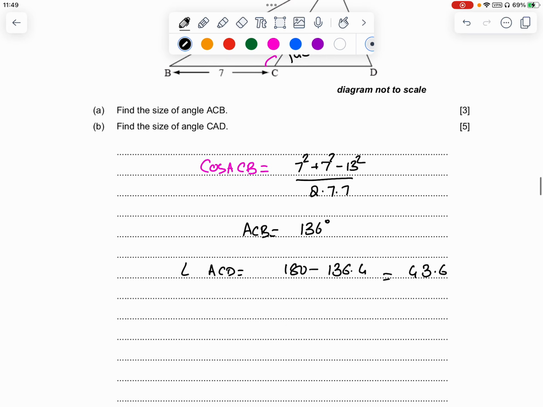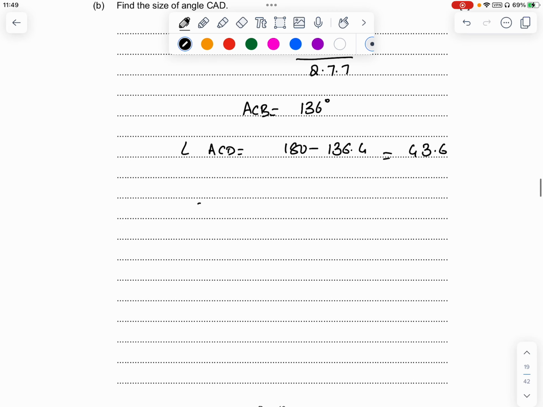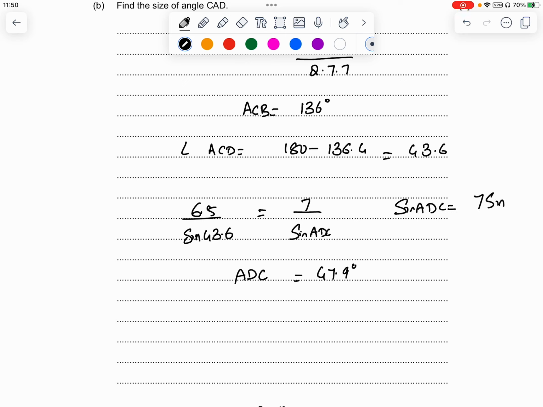So I'm going to use sine rule. 6.5 upon sine 43.6 equals 7 upon sine ADC. This gives me ADC equals, direct answer I'm writing 47.9 degrees. Or you can write sine ADC equals 7 times sine 43.6 divided by 6.5.